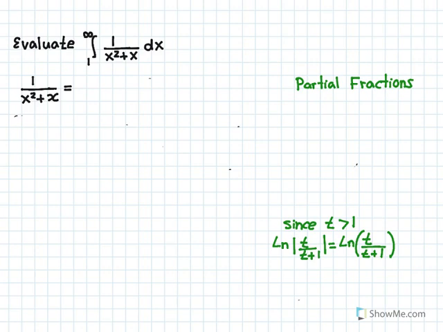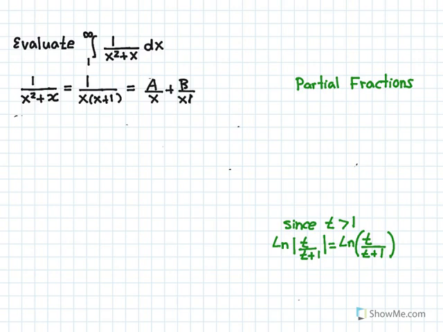All right, let's look at another question. Here we have the integral from 1 to infinity of 1 over x squared plus x dx. We're going to apply partial fraction decomposition. 1 over x squared plus x can be written as 1 over x times x plus 1. That's equal to a over x plus b over x plus 1.